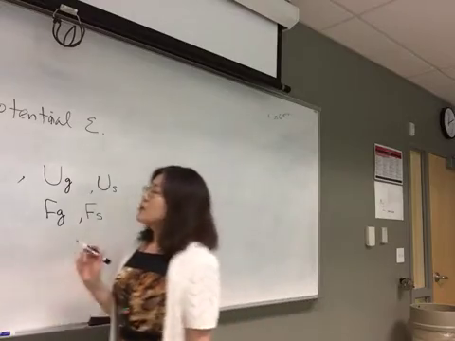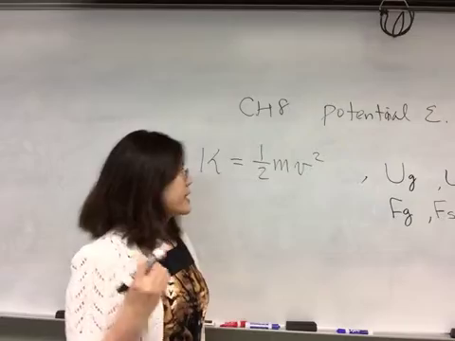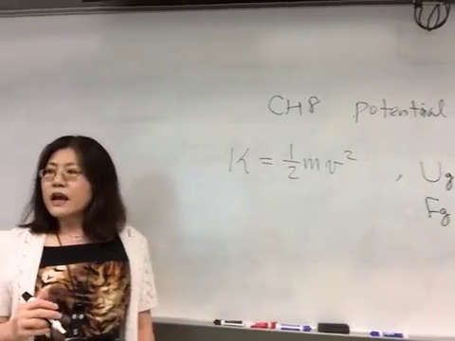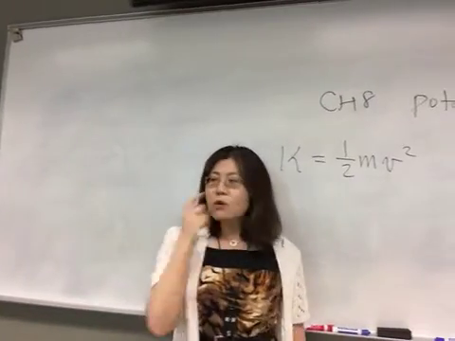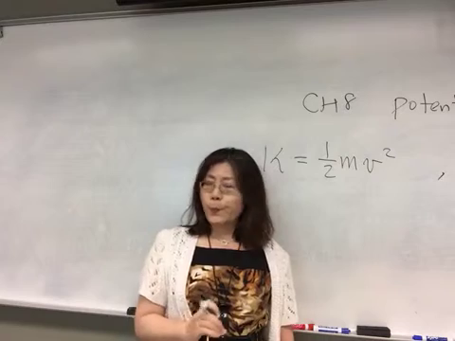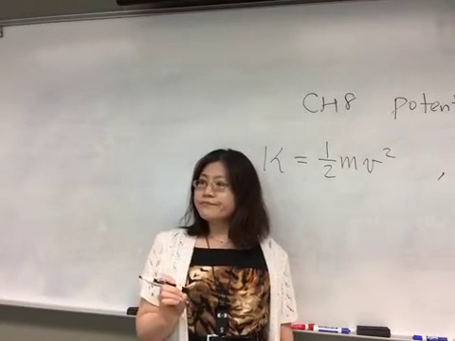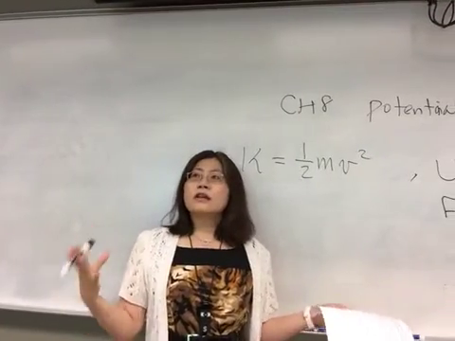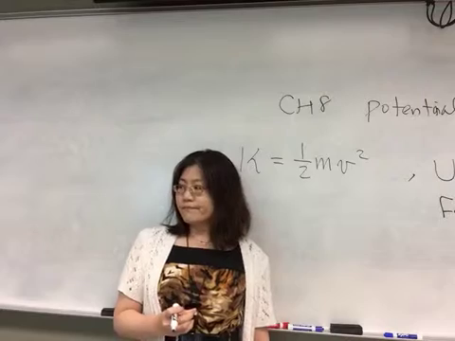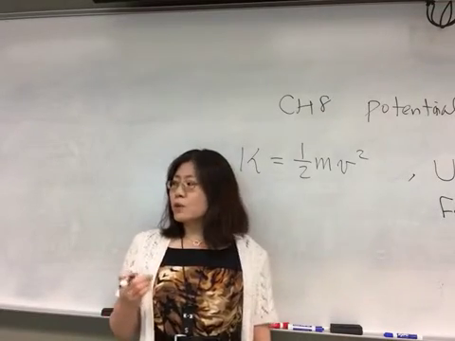Okay. And last chapter, we mentioned that there is a work kinetic energy theorem. How does the kinetic energy change within a system? If we want to change the kinetic energy of the system, how do we do that? You have to apply a force, right? And the force is going to do work.